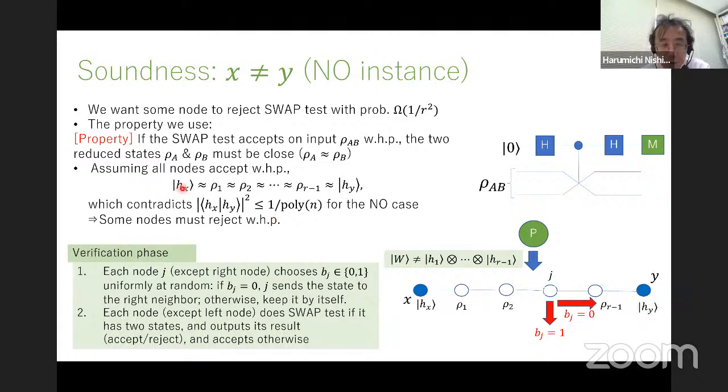So the left node's fingerprint is close to the right node's fingerprint, which is a contradiction, because the left fingerprint is almost orthogonal to the right fingerprint. This means some node must reject with high probability. That's our argument.